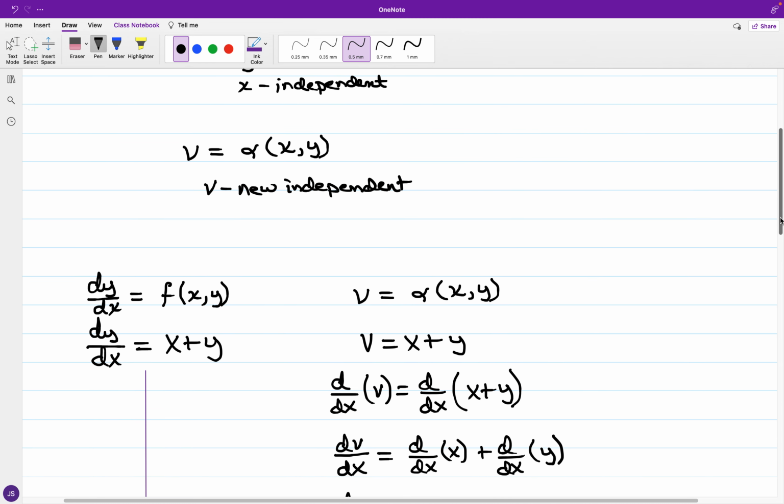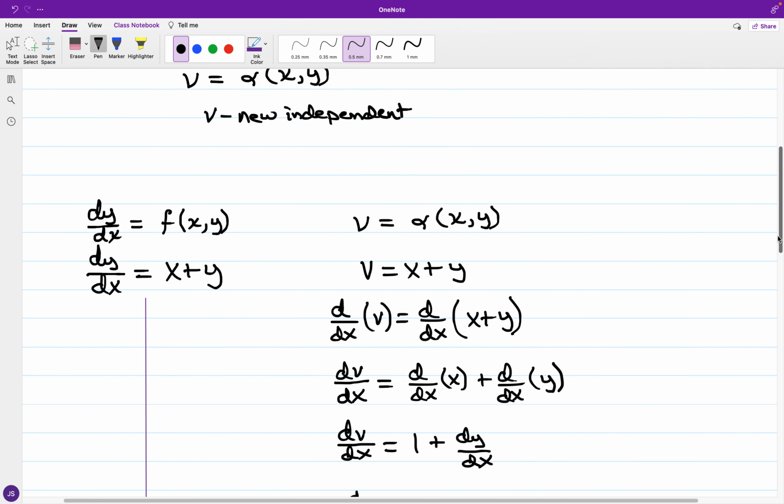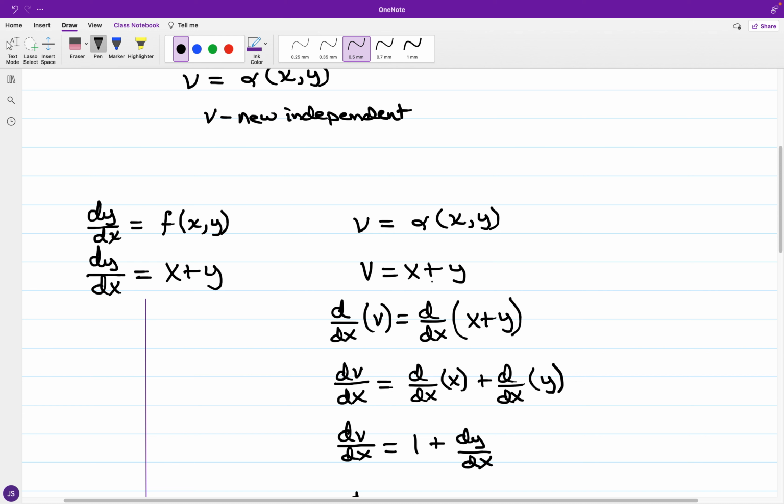I'm going to take the derivative with respect to x of v is equal to x plus y. The derivative with respect to x of v becomes dv over dx, and the derivative of the sum of x and y is d over dx of x, which becomes 1, plus the derivative with respect to x of y, which is dy over dx.